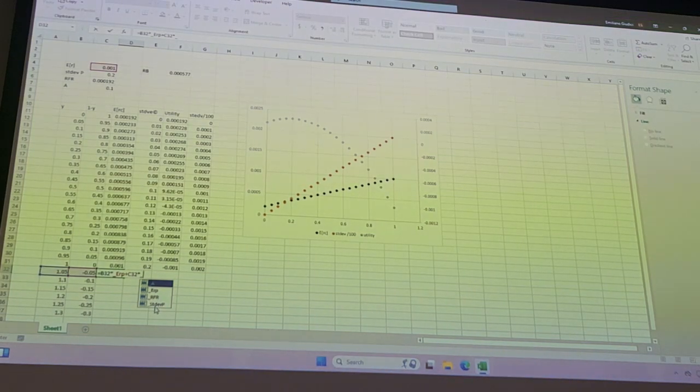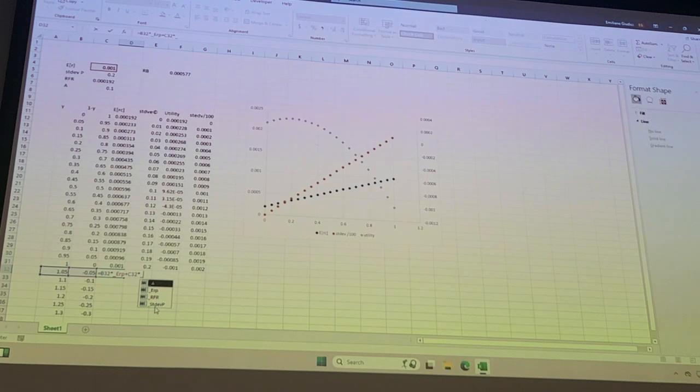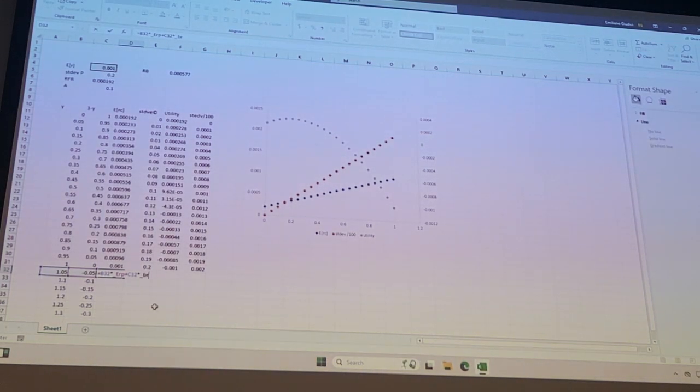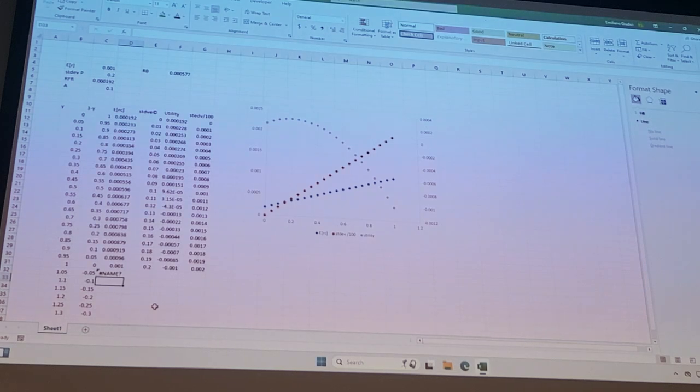So this is the difference. What the heck is that? RB? I called it RB, right? It's a BR. BR. Why didn't it pick up the name? No. Okay, fine.